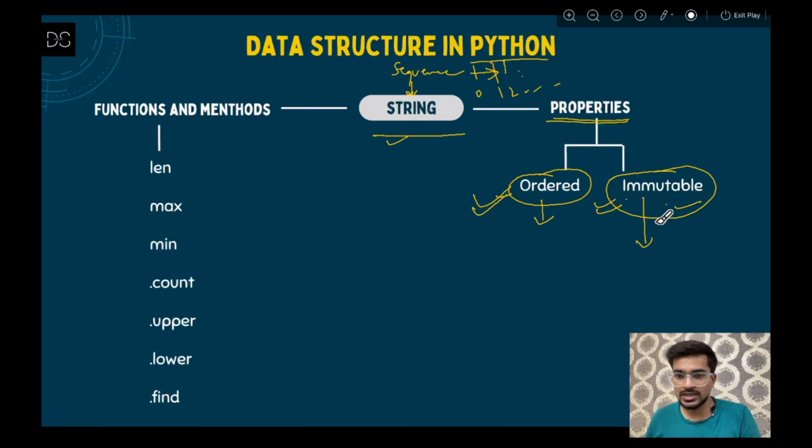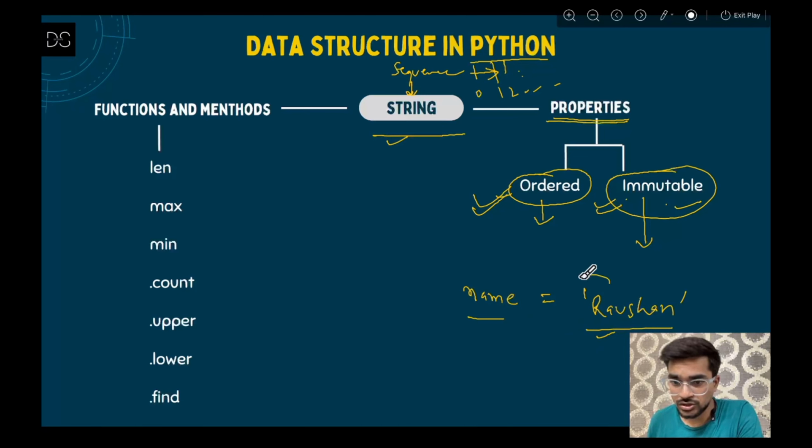Now what does that mean that you cannot change? Let's see. I have defined a variable name equals to Roshan. Now once I have defined name equals to Roshan, it cannot be changed. What cannot be changed? The value Roshan that you have stored in variable name, that value cannot be changed.